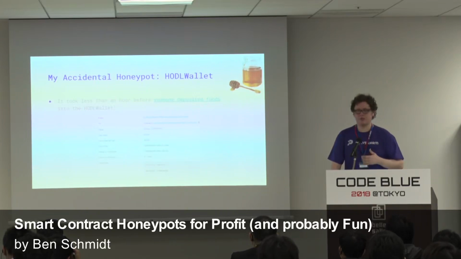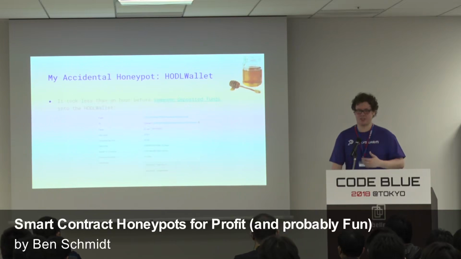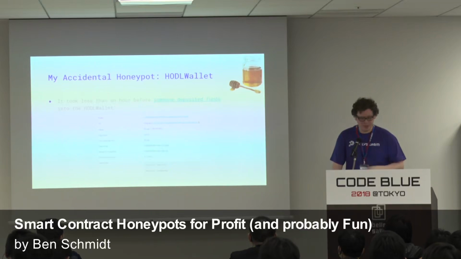So the attacker had no chance of exploiting this, but got his funds stuck in the contract because he was unable to exploit it. I hadn't set any minimum deposits on this contract, but if I had, it's possible that this person could have lost a significant amount of money.